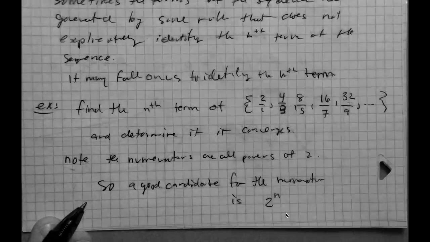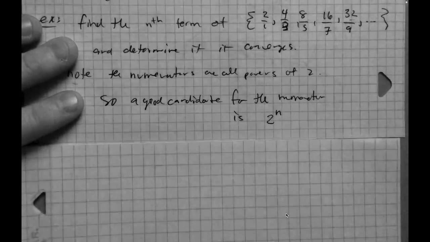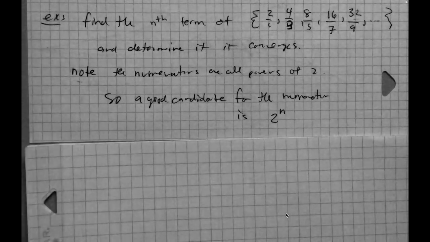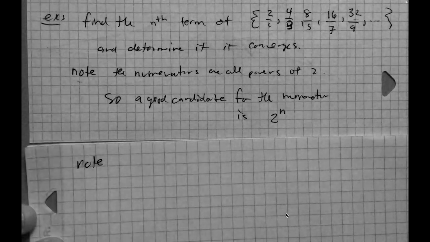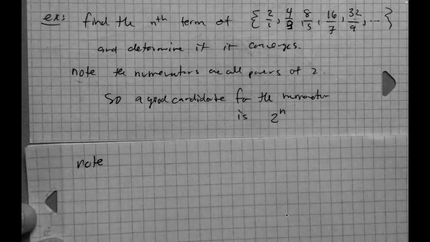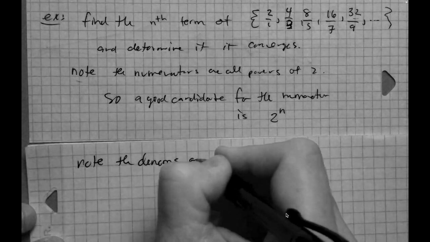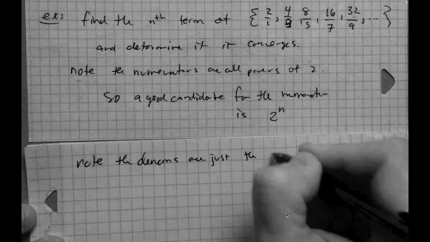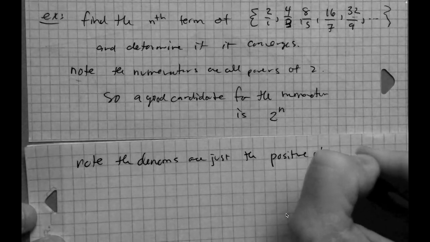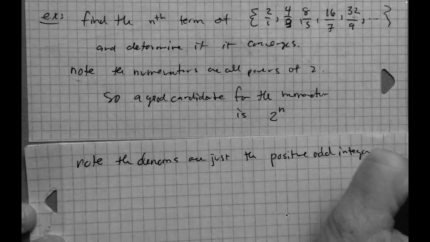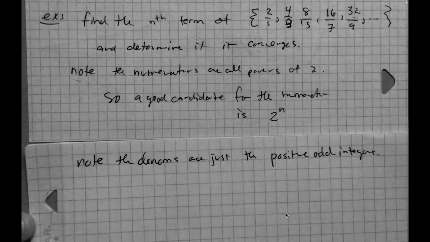What about the denominators? All right, what do we think might be happening there? Well, if you look at it, you can notice the denominators are basically just the positive odd integers.